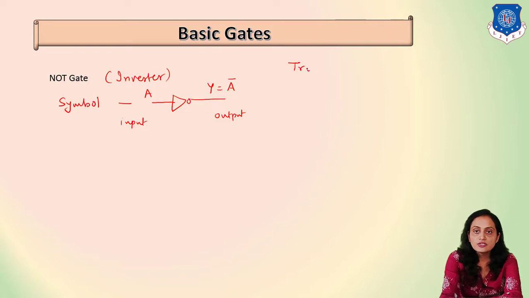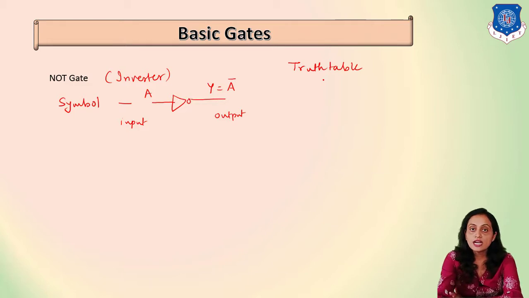And let us draw the truth table, and in the truth table we are representing all the possible combinations of input, and for all possible combinations of inputs we are describing what the output can be.